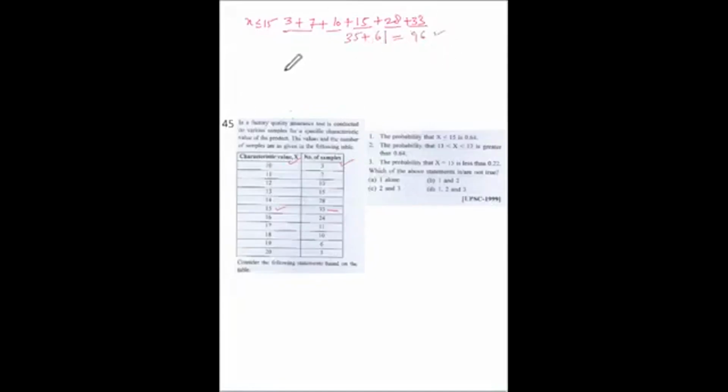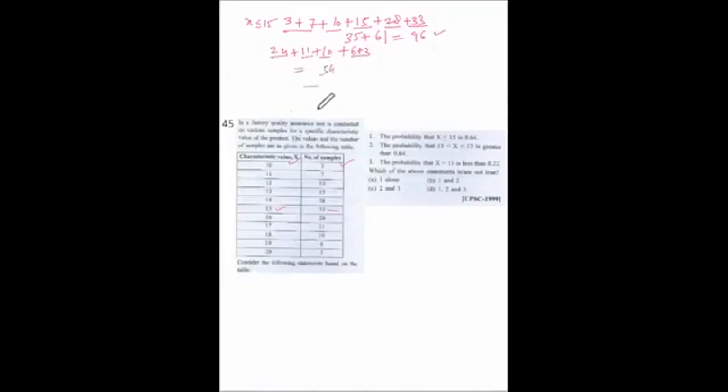For the total, we have to add the rest of the samples also. So that is 24 plus 11 plus 10 plus 6 plus 3. So this comes to 54.